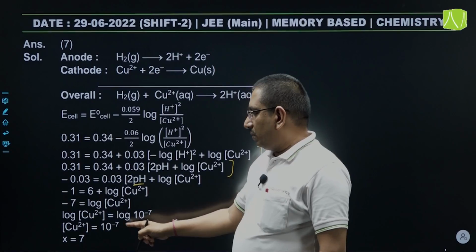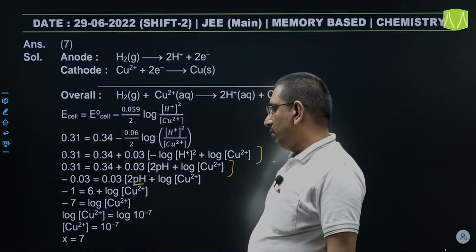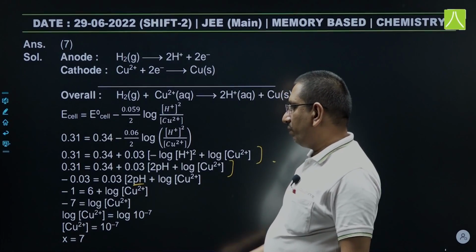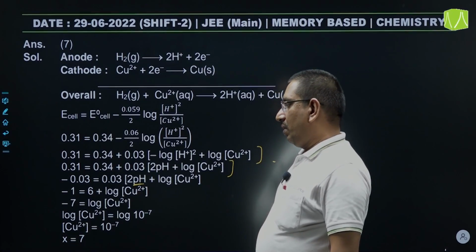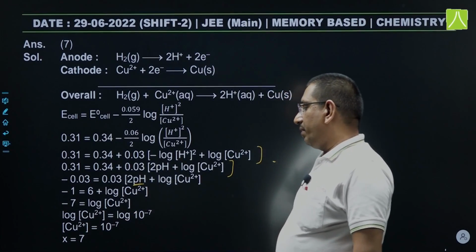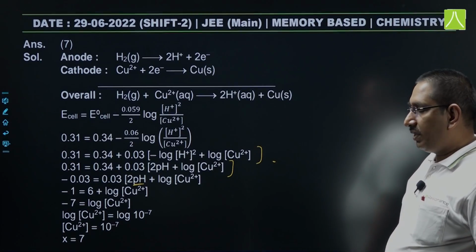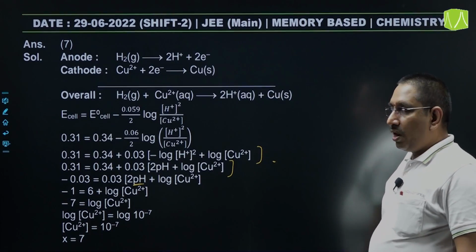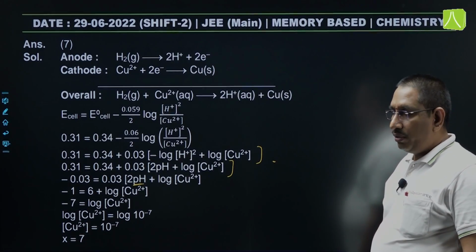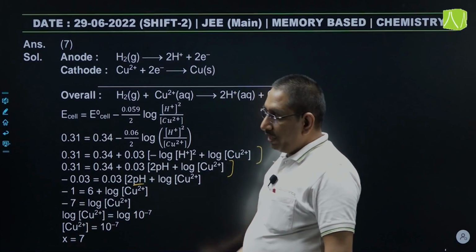Now, it will be equal to log Cu2+ concentration is minus 7. And we can equate this log Cu2+ concentration as log 10 power minus 7, because log 10 base 10 value is 1. So, we can express minus 7 as log 10 power minus 7.